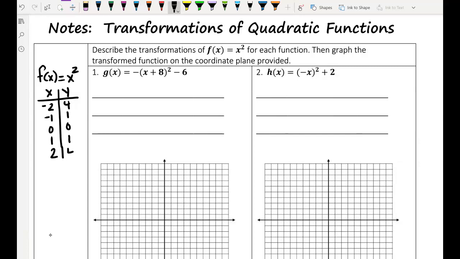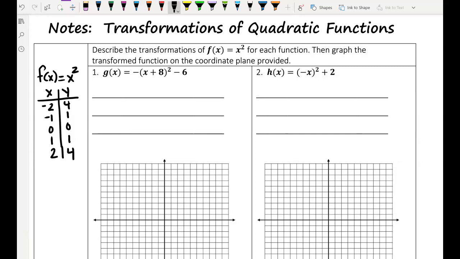This is how we knew how to graph the points of the parent function. Now, all of these, again, are going to be transformations of the parent function. If it helps you, draw in the parent function on the graph and then transform it.